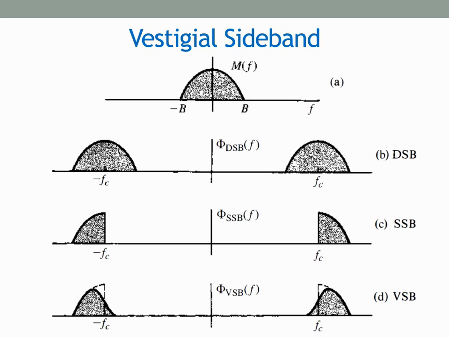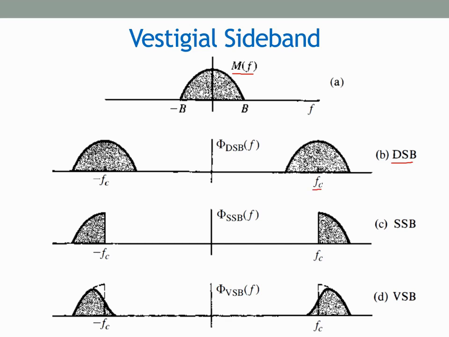So if we look at the different modulation schemes graphically, if we look at their spectrum, this is the signal M(f), the spectrum of the signal, and then we have the double sideband modulation scheme where we can see both the sidebands exist around the carrier frequency.